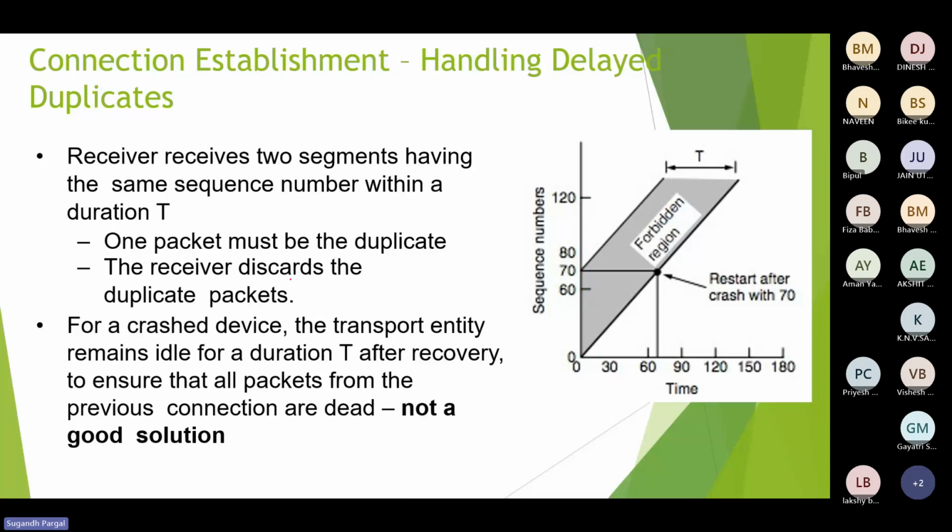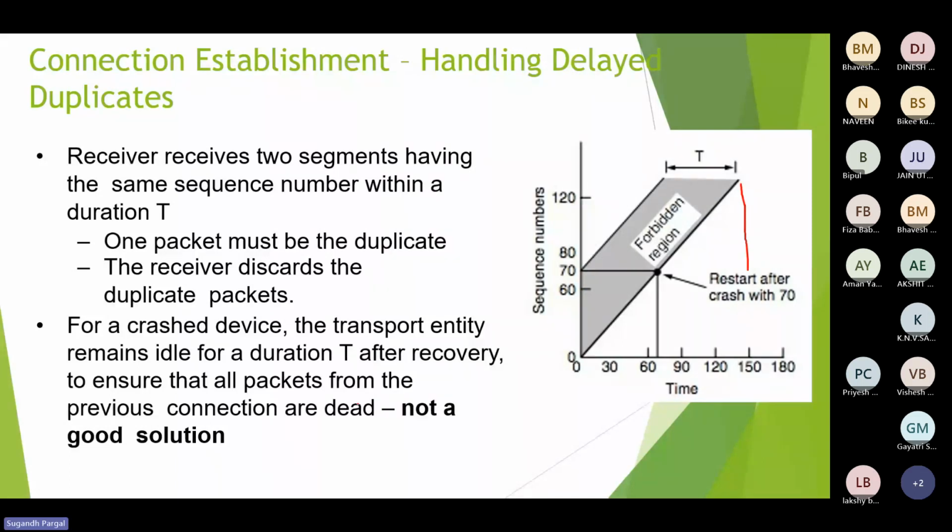So here we see that the receiver receives two segments having the same sequence number within a duration d. One packet must be duplicate, so the receiver discards that duplicate packet. Now we see, for a crashed device, the transport entity remains idle for a duration t after recovery to ensure that all packets from the previous connection are dead, and then restarts after this point.